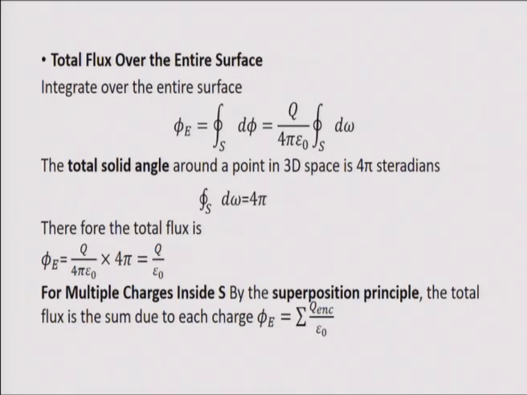If instead of one charge we have multiple charges present inside the surface, then by the superposition principle the total electric flux is the sum of the flux due to each charge.